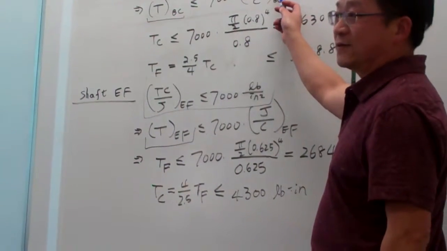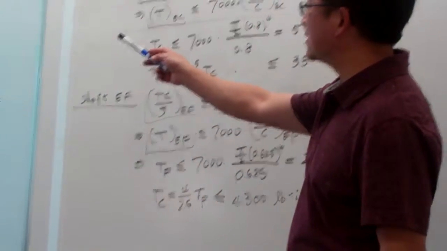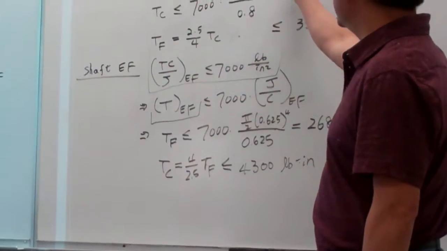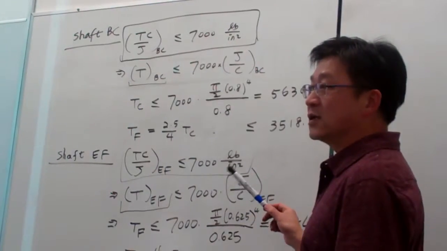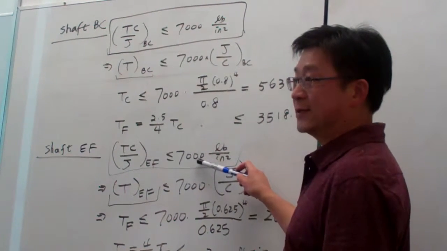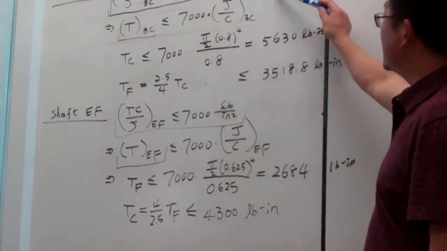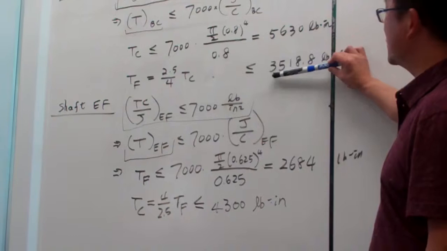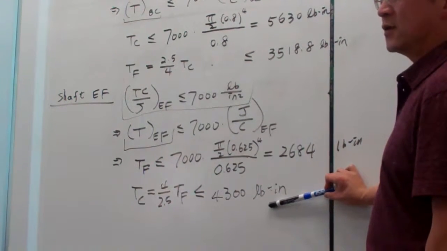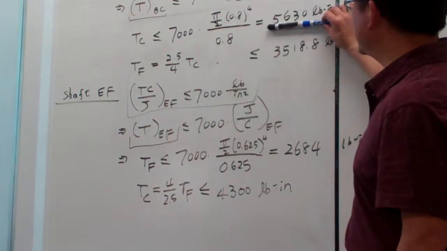This is the first criteria, and this is the second criteria. The question we're asking is that the maximum stress in both shafts must be less than or equal to this number. So that means the torque we apply must have the two things satisfied, right? Now for meeting the first criteria, we have this range. For meeting the second criterion, we have this range. So here you can see for the first range, we have the first option, TC less than this number.